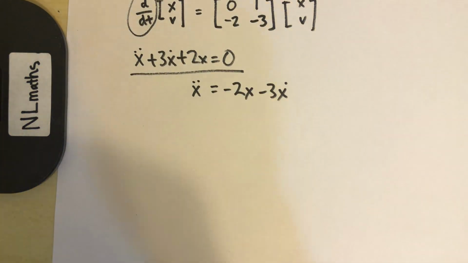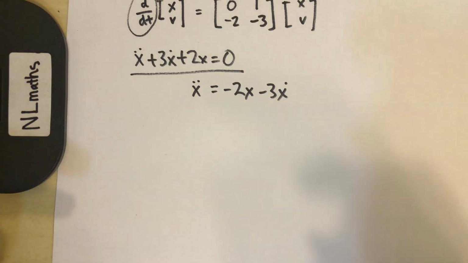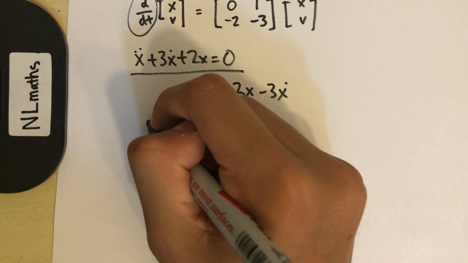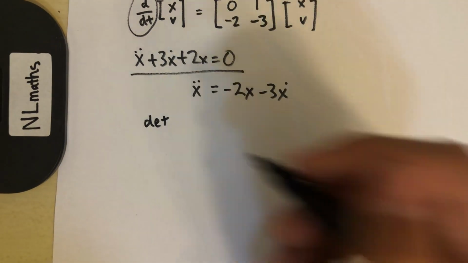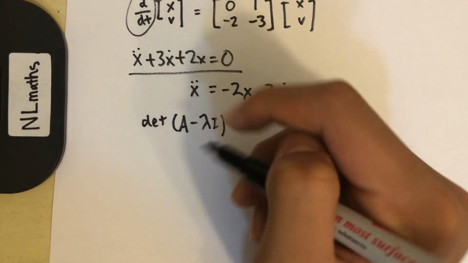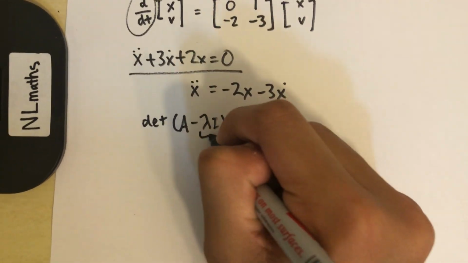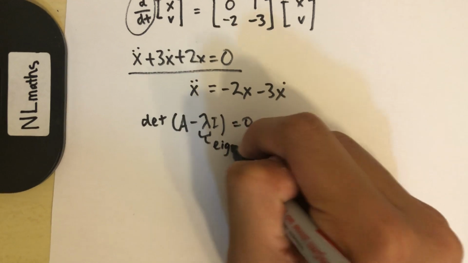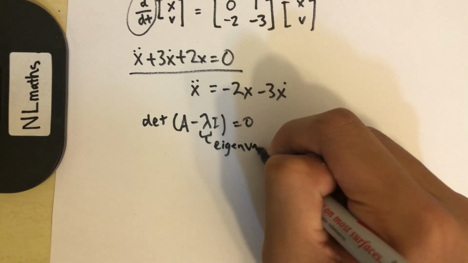I wanted to show you one last thing before I ended today's video. Do you remember the characteristic equation from the previous lecture on eigenvalues and eigenvectors? That was the determinant of a particular matrix A minus lambda I equals 0, where lambda is the eigenvalue.